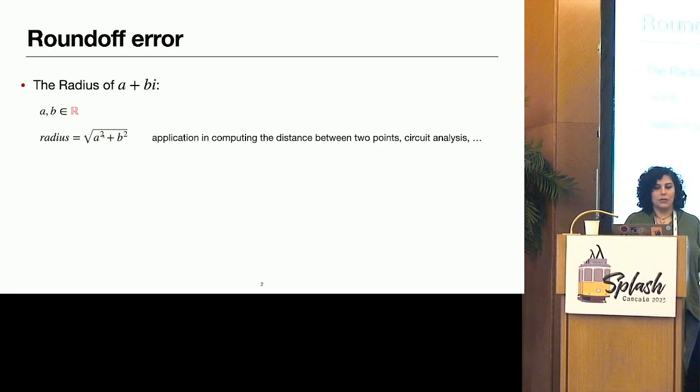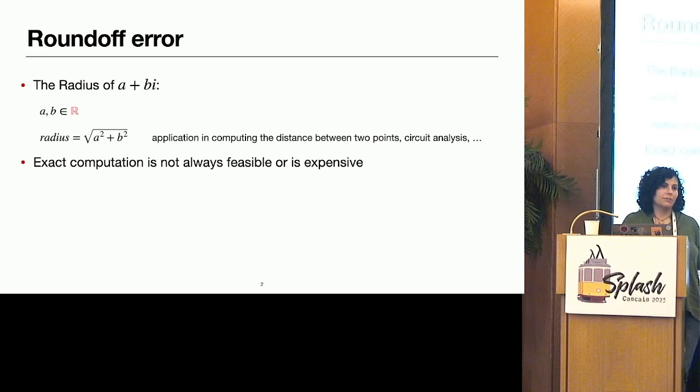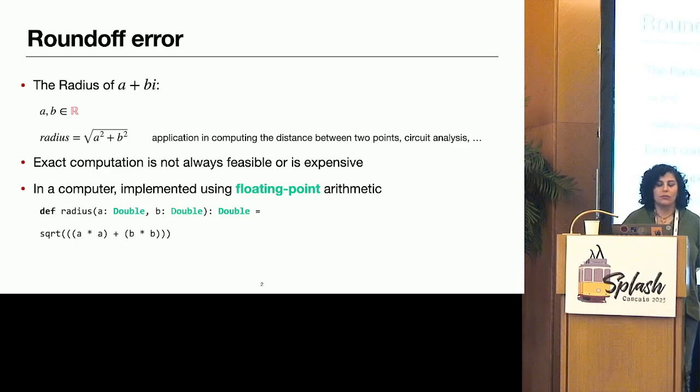Computing the same expression in a computer in reals is not feasible, or if it were, it would have been very expensive. And so the same expression in a computer looks like a function like this one when we are using double precision floating point arithmetic. And the floating point arithmetic uses a finite number of bits, and that introduces round-off error.